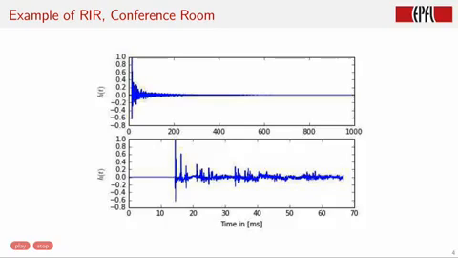Of course, an equally important contribution is from the fact that echoes get denser and denser as time passes. The rate of the decay varies wildly between different rooms and is linked to the so-called reverberation time, or T60, which is defined as the time for reflections of a direct signal to decay by 60 dB.